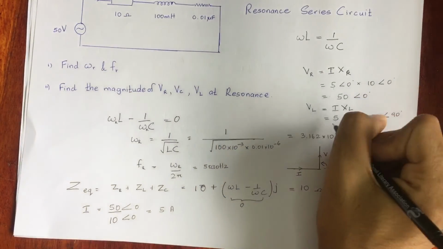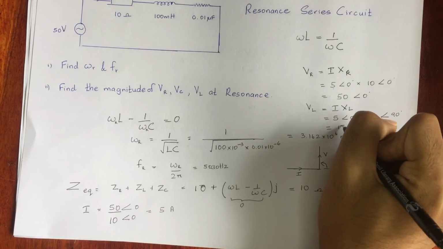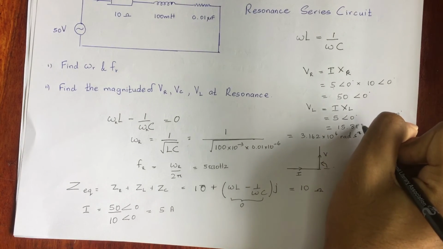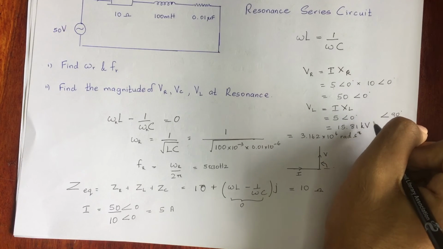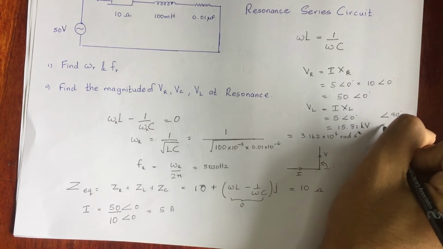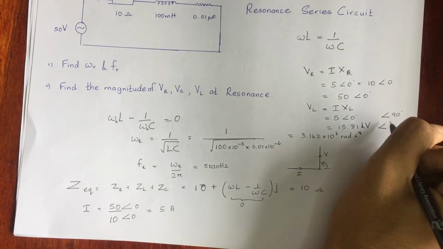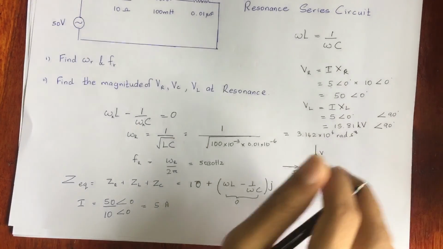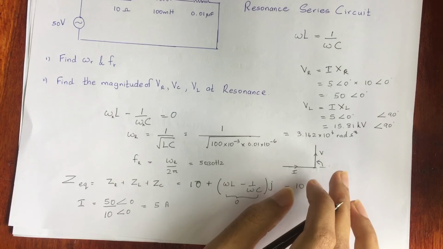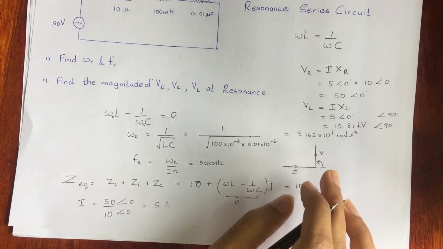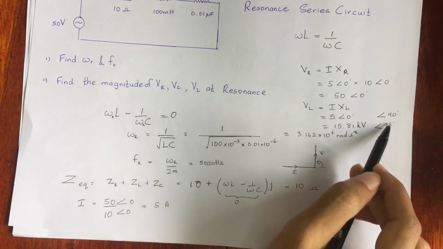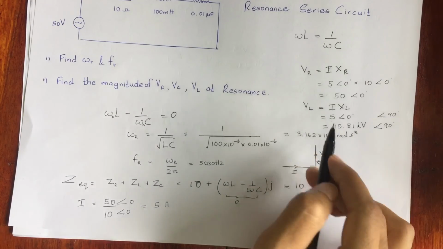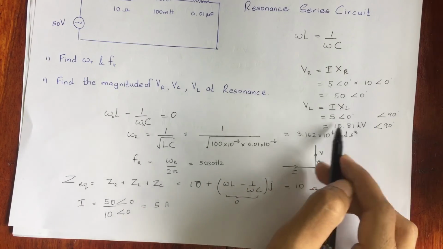If we simplify this, we get the value 15.81 kilovolt. But be careful, it's going to have a phase angle of 90 degrees. If they haven't asked about the phase angle or the polar form, you don't need to write it, however it's better to give these values.